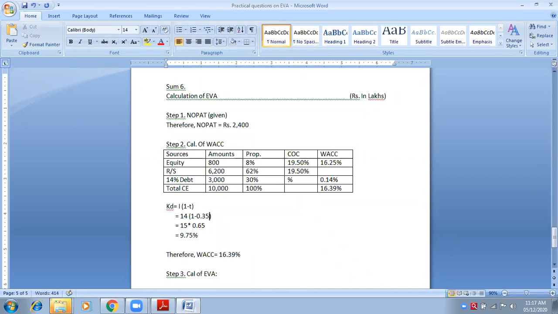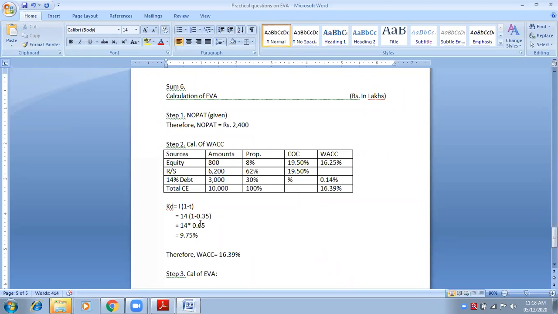Tax rate is how much? 35%. Yes, so it is 1 minus 35%, that is 1 minus 0.35. I is 14 percent, 1 minus T, T is 0.35. So what is 1 minus 0.35? 0.65, and into 14.